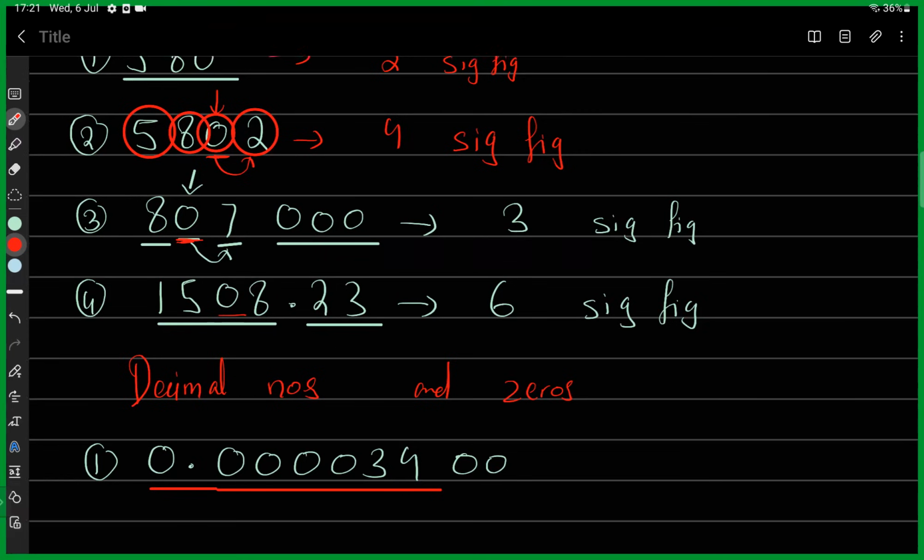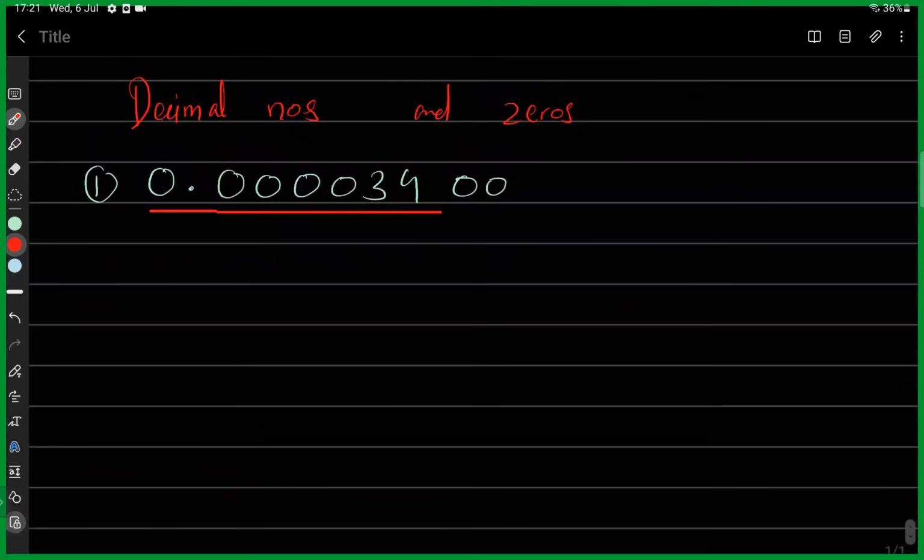But if I talk about decimal numbers or numbers of this type, for example, let's say 0.01204 and such examples, these are different. Here the number is starting after the decimal. So we have a rule here. I will be writing that rule just so we are clear with the idea.